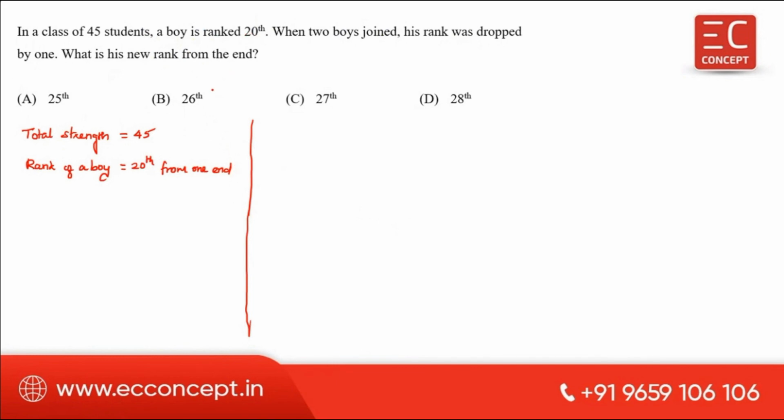Therefore, from the other end, the rank is 45 minus 20 plus 1, which is 26. From one end it is 20, and from the other end it is 26. So 26 is the rank.